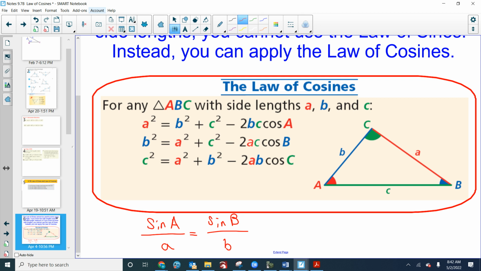How many sides? 2. How many unknowns can you have in that formula? 1. So you either need to know 2 angles and a side or 2 sides and an angle. But what if you don't know any of the angles? Well, the law of sines is not going to work. That's kind of why.